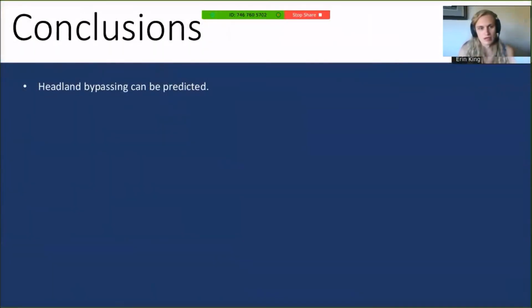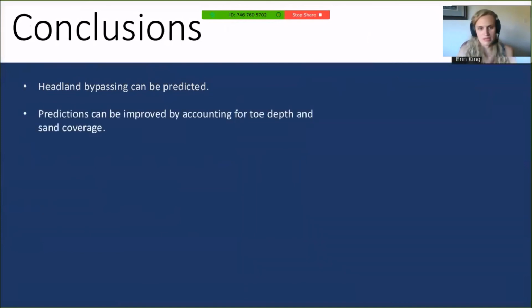So to conclude, headland bypassing can be predicted. Predictions can be improved by accounting for the depth of the headland toe and the coverage of sand, particularly off the headland apex. Waves are the primary driver of headland bypassing.